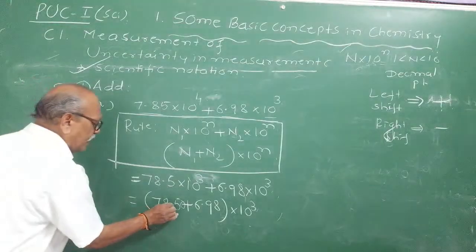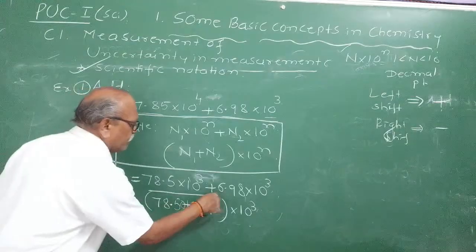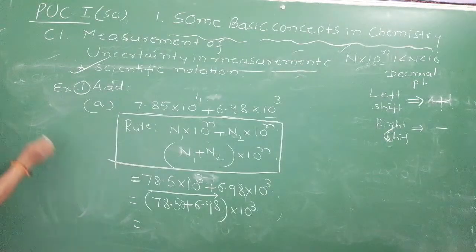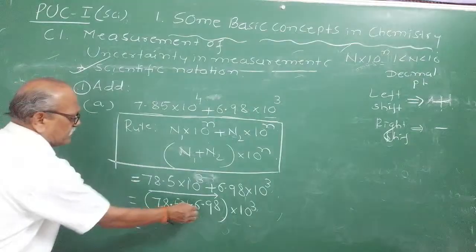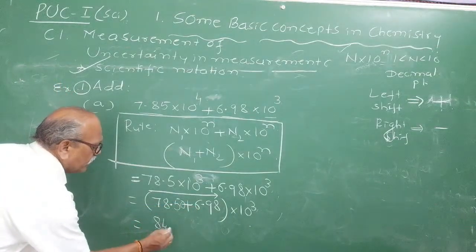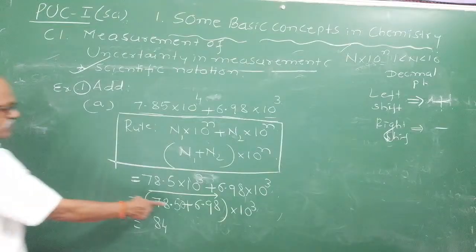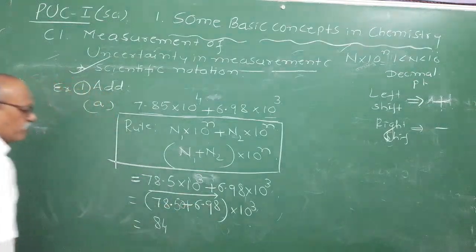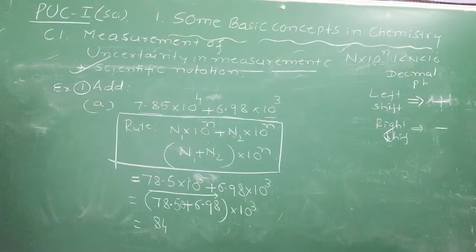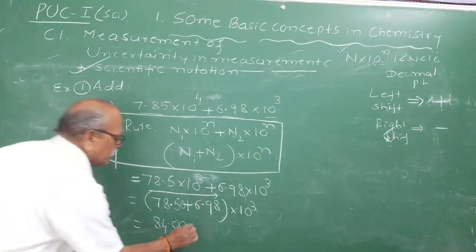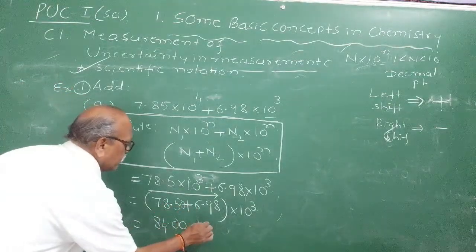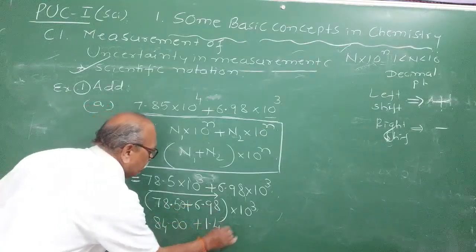While adding decimal numbers, you have a trick. Add both whole numbers, then both decimal parts. The whole number part is 78 plus 6, which is 84. Then add 0.5 and 0.98. 90 plus 50 is 140, so 148 means 1.48.